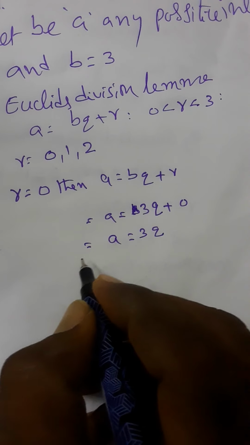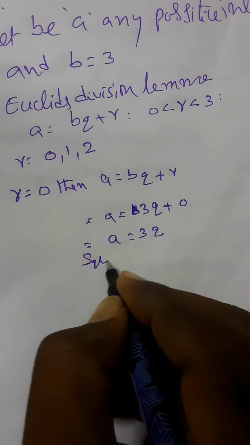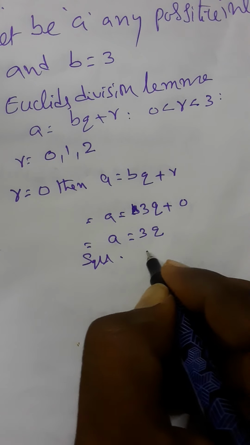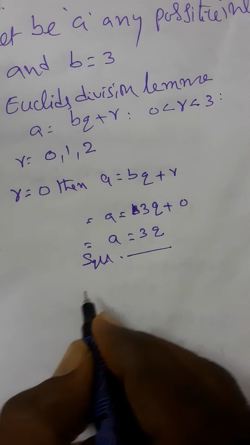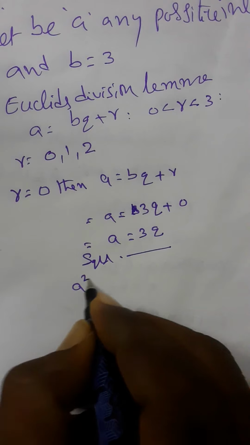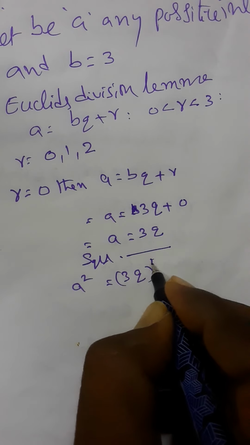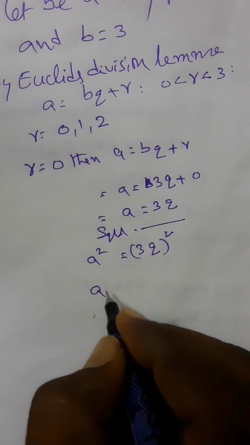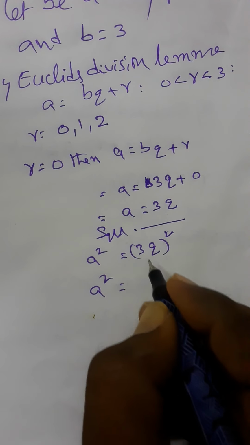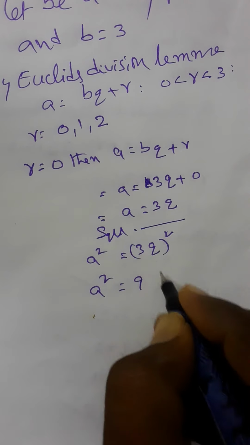Squaring on both sides, a squared equals 3q whole squared, that is a squared equals 9q squared.